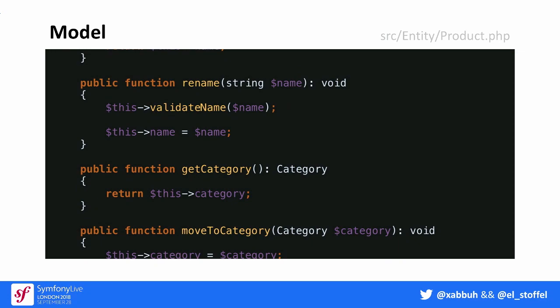We also changed our accessors a bit, so we now have a rename method instead of the setName method that we had before, and we are calling validate name here as well. So we are sure that the same business rules that we are applying in the constructor do apply here as well.